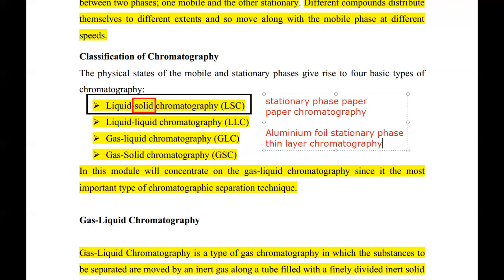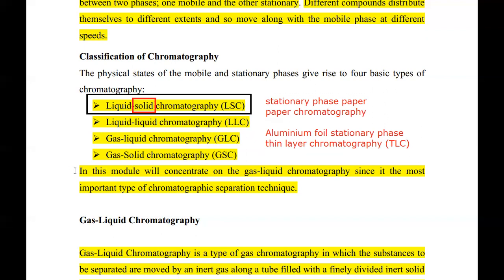At times you want an advanced way, especially when you have the UV machine. At an advanced level, we use aluminum foil coated with silica gel, being the stationary phase. Then that type of liquid solid chromatography will be called thin layer chromatography. If you want to sound more educated, you can say thin layer liquid solid chromatography, but it's one and the same. So that's what this part is saying.